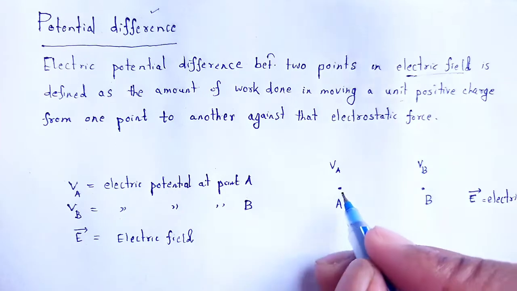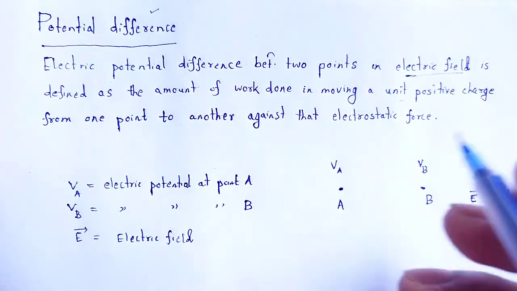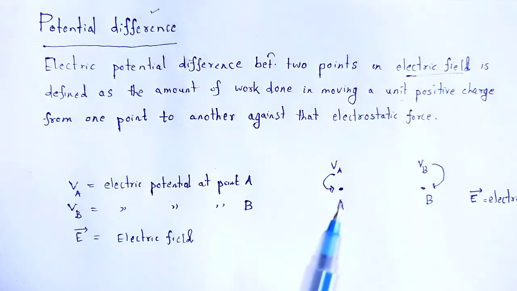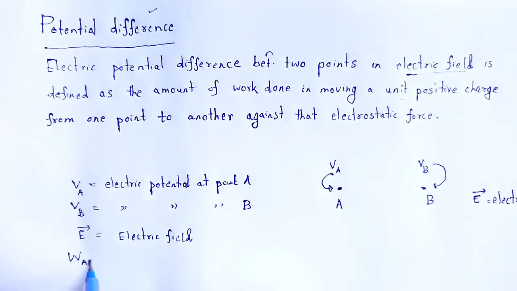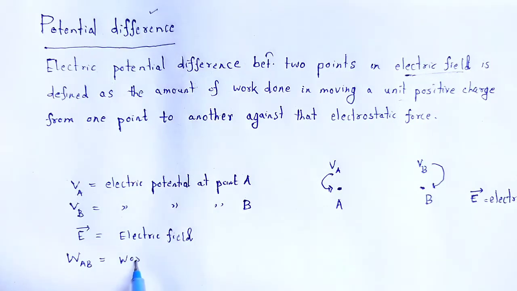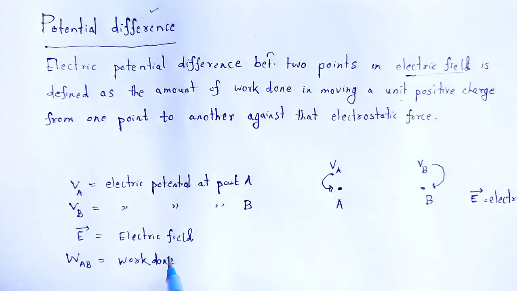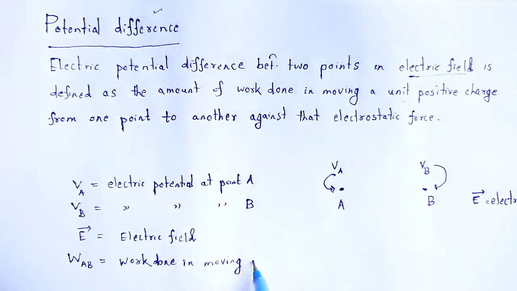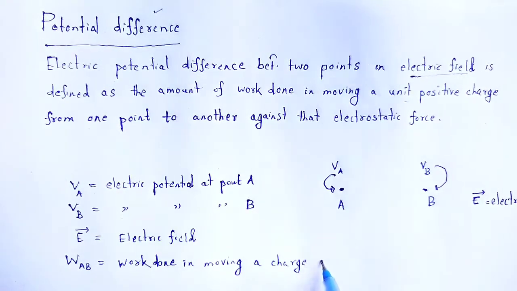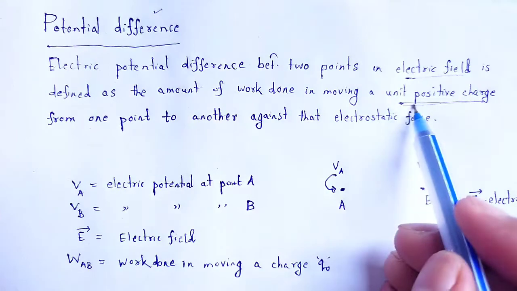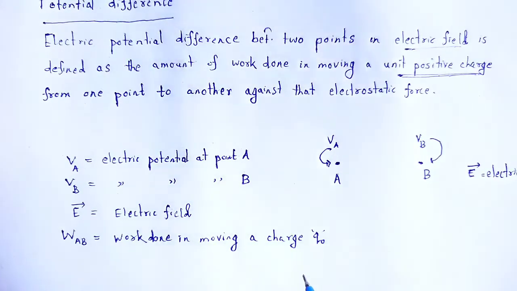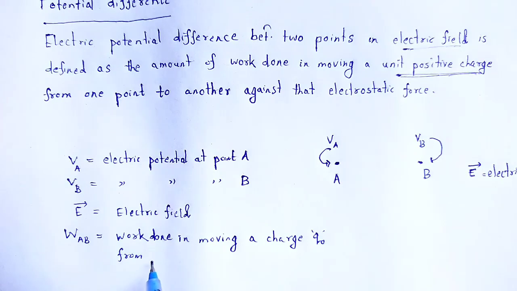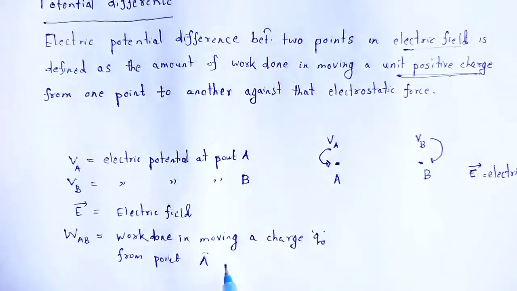Within that electric field E we consider 2 points A and B, where at point A the potential will be VA and at point B the potential will be VB, and we have to calculate WAB, that is the work done in moving a charge Q naught, the unit positive charge which is known as the test charge also, from point A to B.